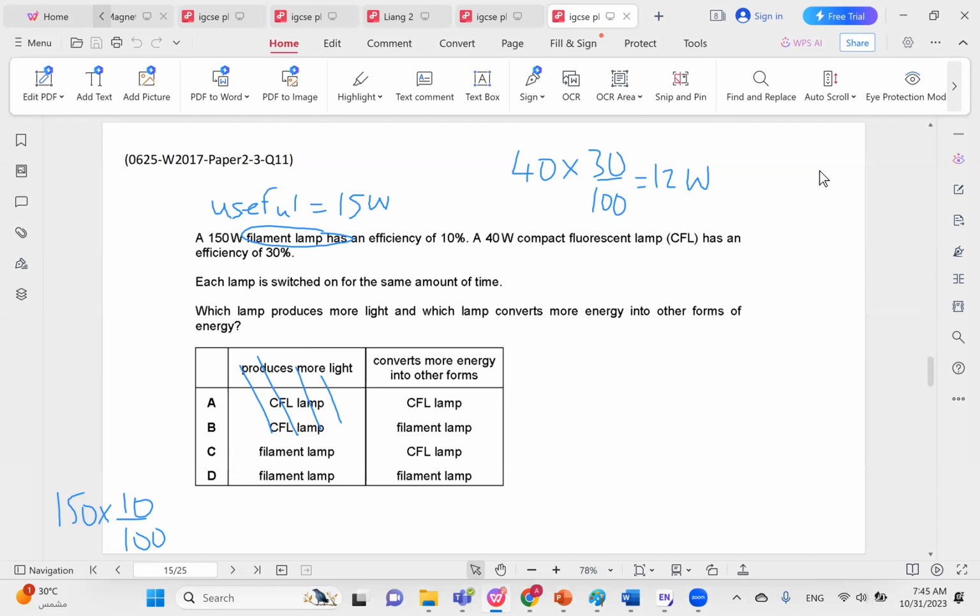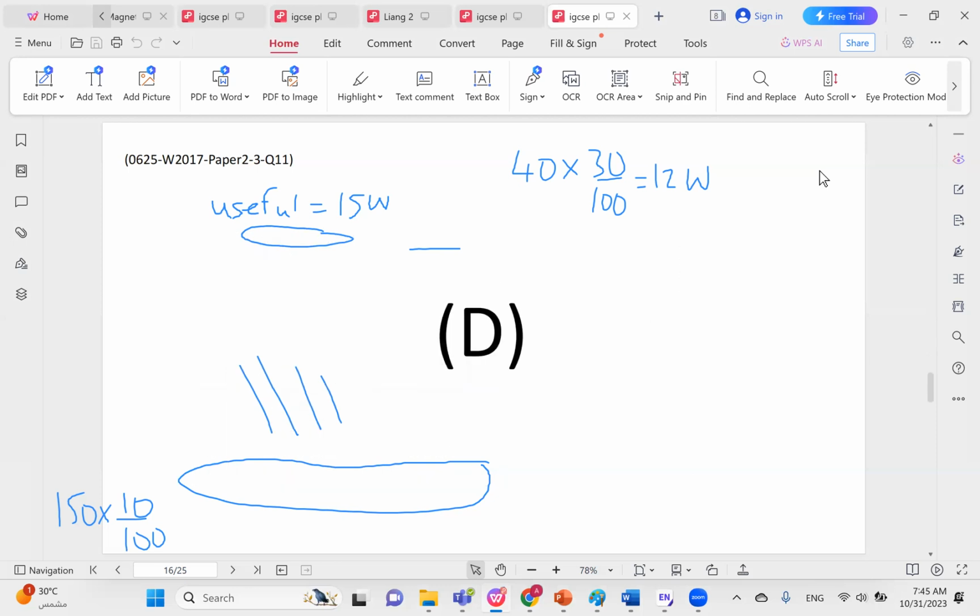So the one that has a 10% efficiency is wasting more energy than the other. So again, the filament lamp wastes more energy. So D would be the correct choice. It is possible that the same device produces more useful energy and wastes more energy as well, simply because the input energy is much larger than the input energy for CFL. So D here would be the correct choice.